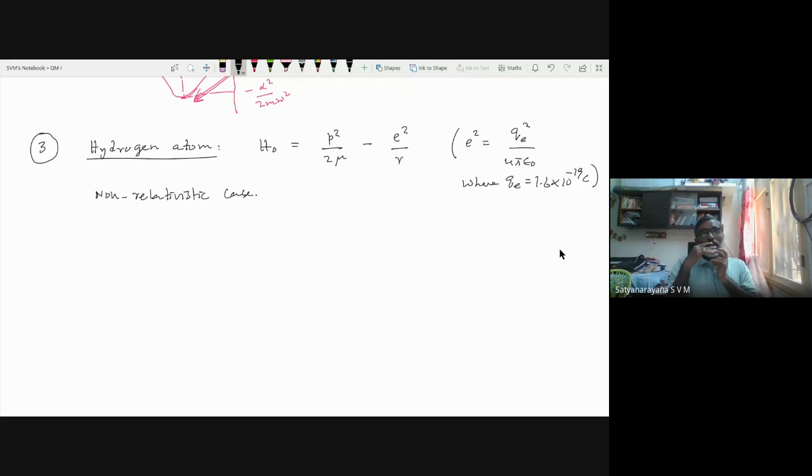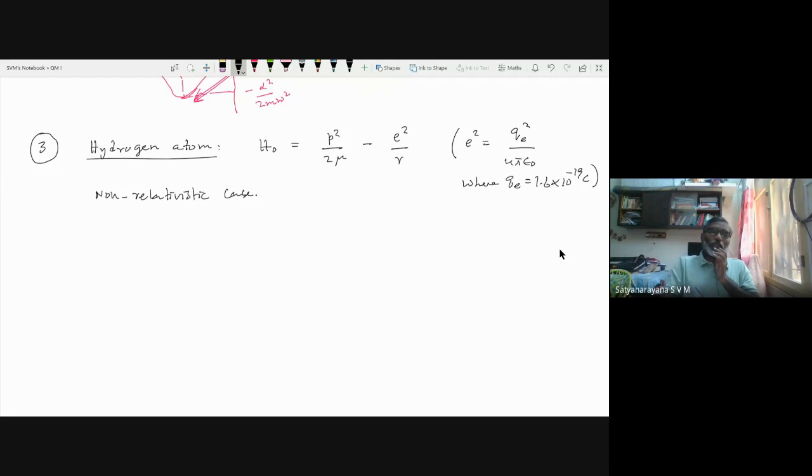But if you are observing the spectrum and you are finding some deviations and you want to know if the relativistic corrections are important, then we have to see whether such relativistic corrections can be treated perturbatively.